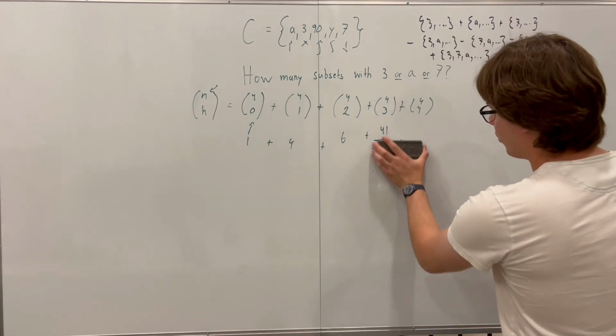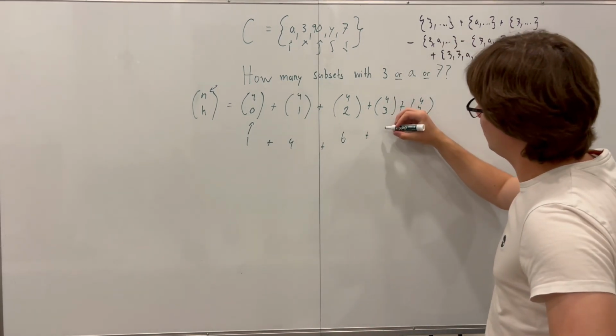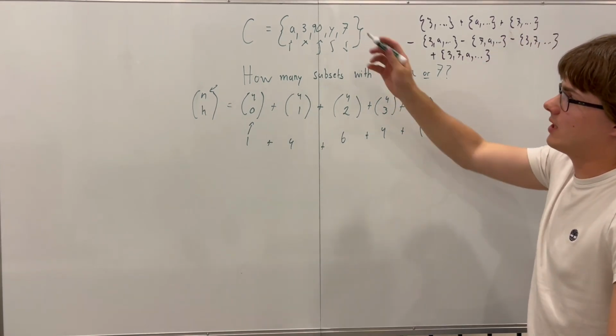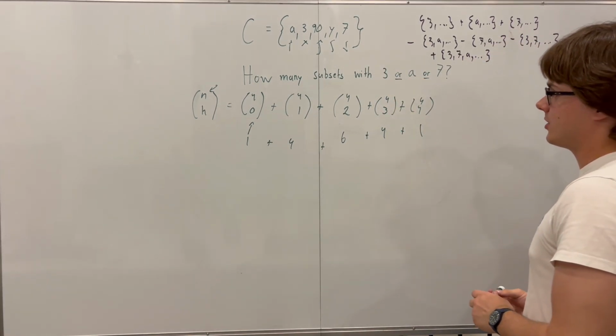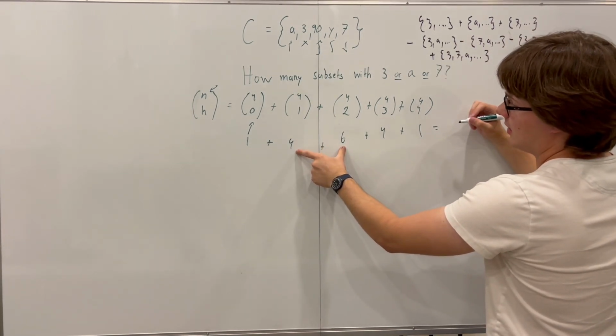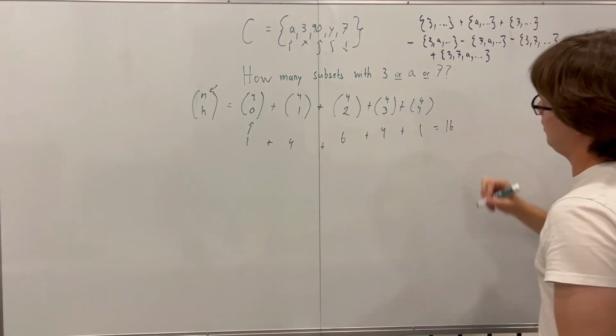So there's only going to be 4 ways you can add 3 elements to a subset already including 3. So it's going to be 4 plus 1, because there's only one way you can add all 4. Fantastic. So this is going to be 1 plus 4 is 5, plus 6 is 11, plus 4 is 15, plus 1 is 16. There we go.